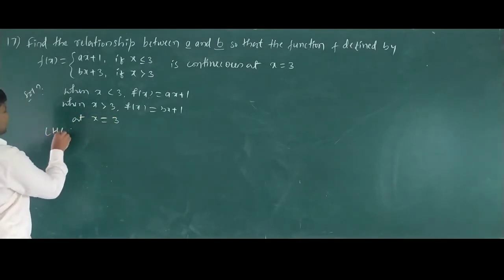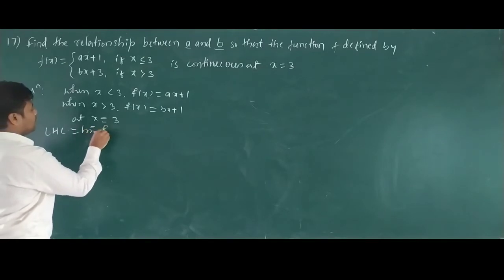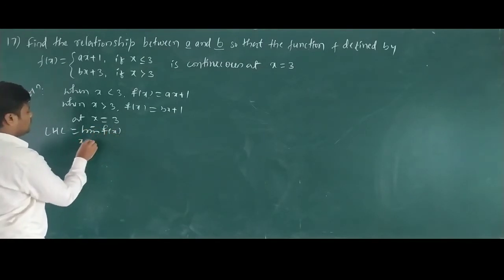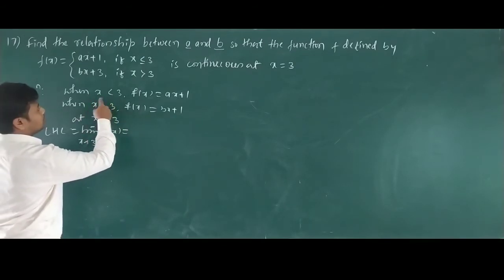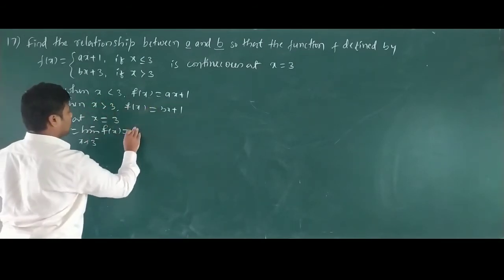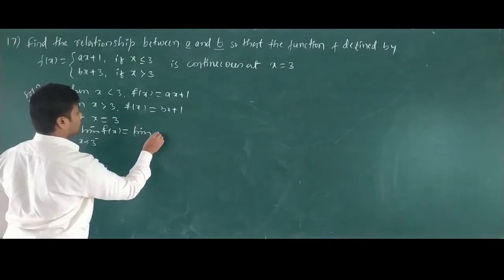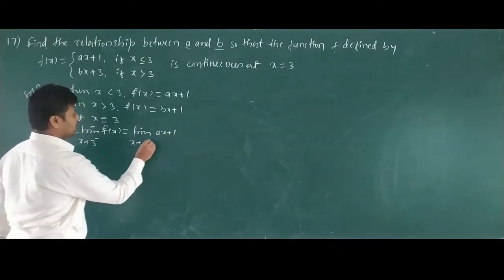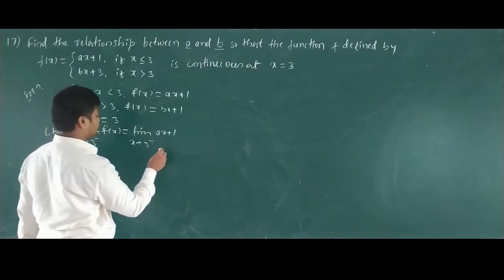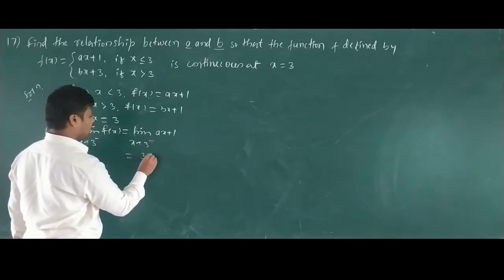So what will LHL be? The limit of f of x as x tends to 3 minus, that is, values less than 3, is the limit of ax plus 1 as x tends to 3 minus. Put x equal to 3 there. That gives 3a plus 1.